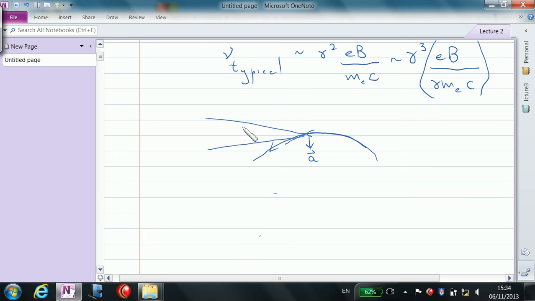Look, the width of this is delta theta. It's of order 1 over gamma. That part I know.